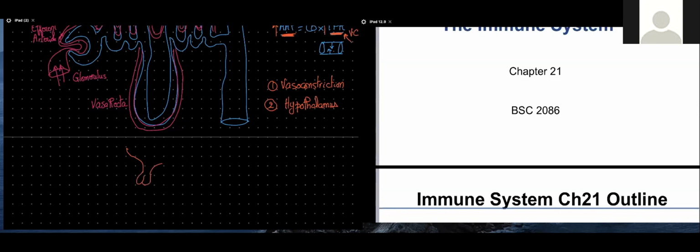It activates the hypothalamic thirst center. So once you activate the hypothalamic thirst center, this increases the water intake. And as you increase water intake, this results in an increase in your blood volume, and so the blood pressure.